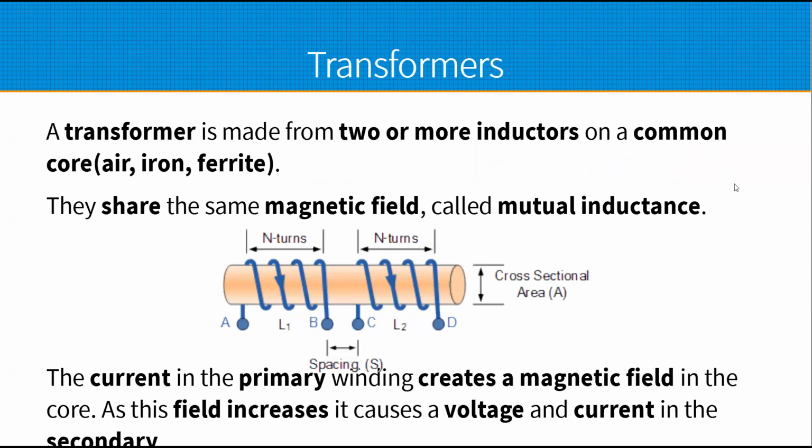We didn't talk very much about how transformers actually work. We mentioned mutual inductance, and I don't think I explained it. Because they're on a common core, whether it's air or some ferrite material or iron or whatever, they share the same magnetic field.